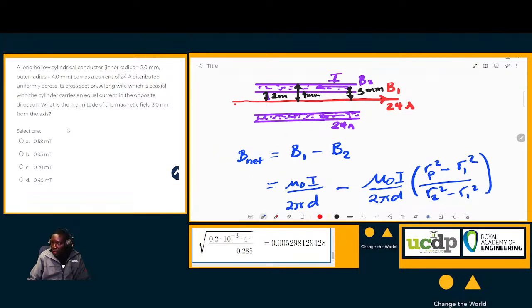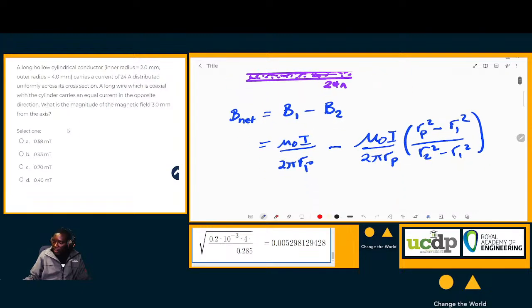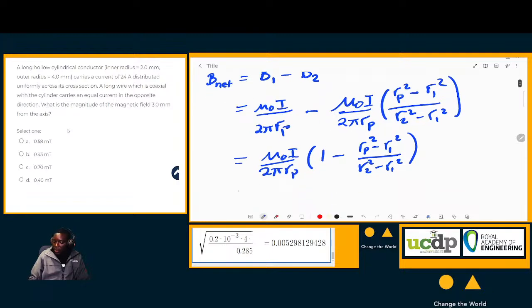We are calling this R1, this is R2, and this is RP. RP is the same as our d, so we can simply substitute RP for d, the point of measurement of the field. So we need to express this as mu naught I over 2 pi RP multiplied by 1 minus (RP squared minus R1 squared) over (R2 squared minus R1 squared). So this is our simple expression.